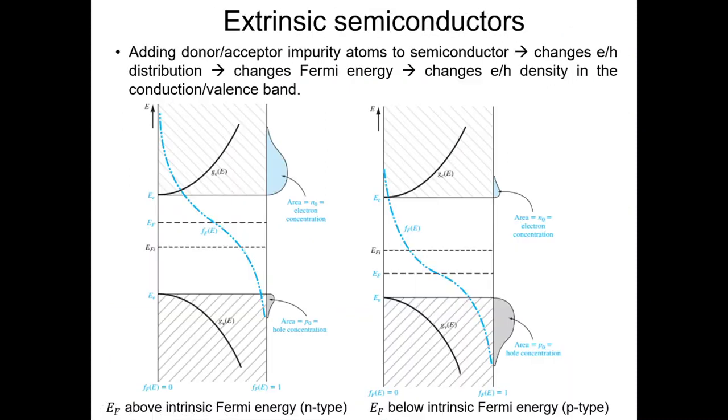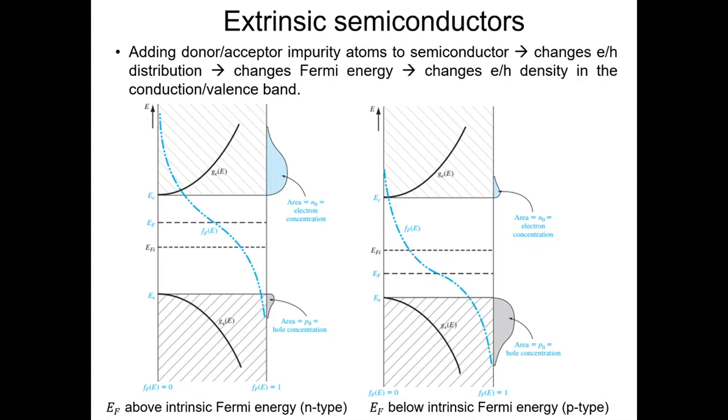Okay, so that was a quick overview of what happens when you dope the semiconductor and where these excess carriers come from. We talked about the classical picture and also the quantum mechanical picture. Now let's do the same maths as we did earlier for extrinsic semiconductors.